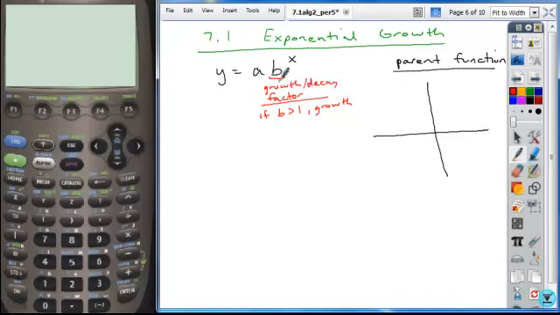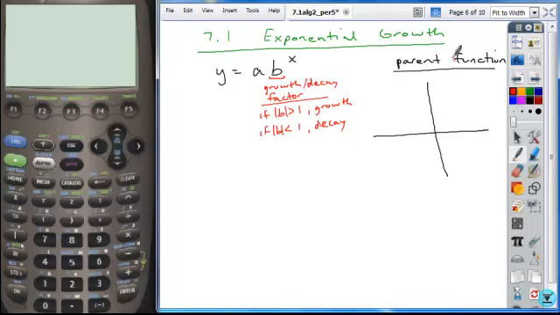If b, this base, is less than 1, and again, we'll be talking about absolute values of it, we're going to be talking about a decay model. So for today, we're only going to be talking about growth. The bases of our exponential functions will all be values greater than 1.